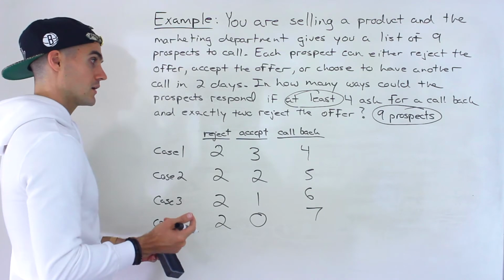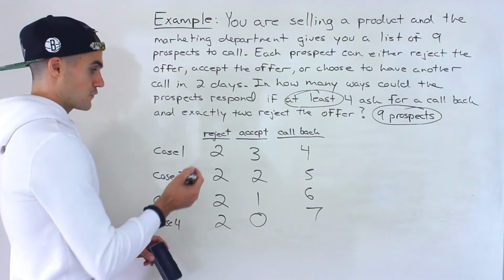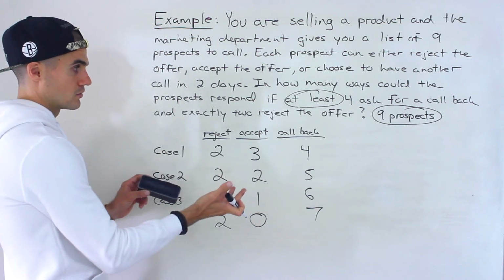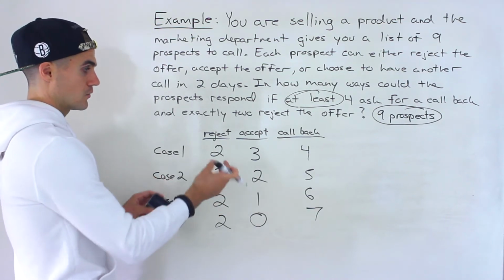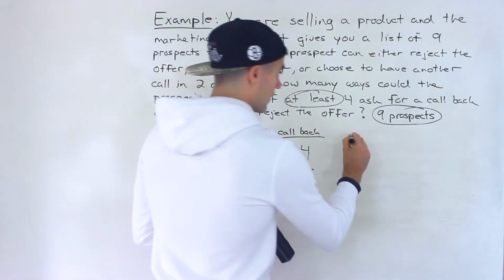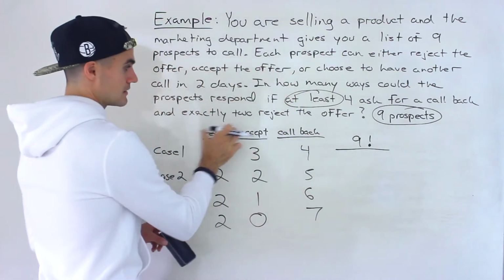And so from here, what we can do is for each of these cases, we can count how many ways this could happen. Well, in this first case, notice that there are 9 prospects in total. And remember how I said that these are the labels?